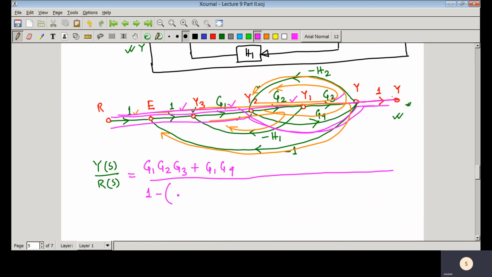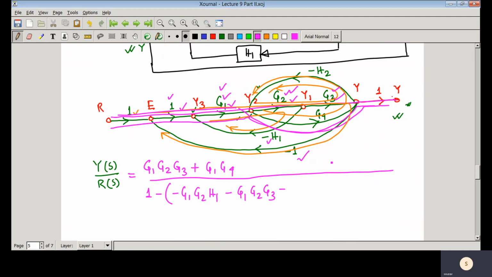That is 1 minus: the first loop is G1 G2 H1, and the second one is G1 G2 G3, with the minus sign.